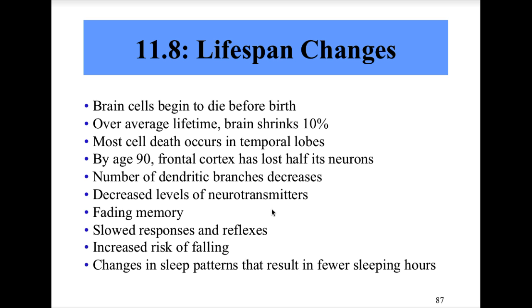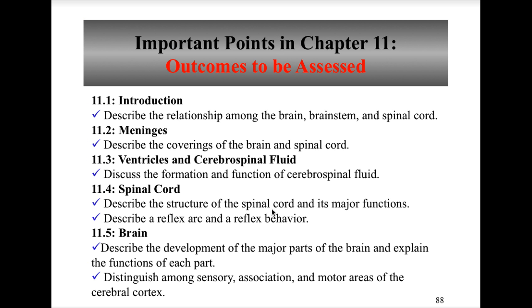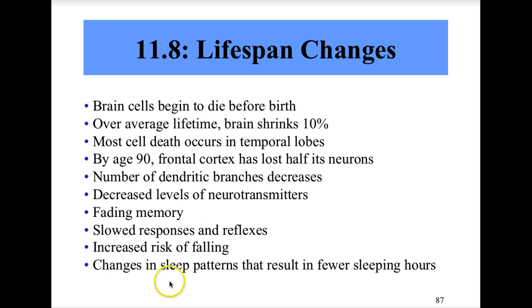You have an increased risk of falling because you lose that center of balance. Then you also get changes in sleep patterns, and typically that results in fewer sleeping hours. If you think of an elderly person, you can see some of these things in them. Okay, that's it for chapter 11.